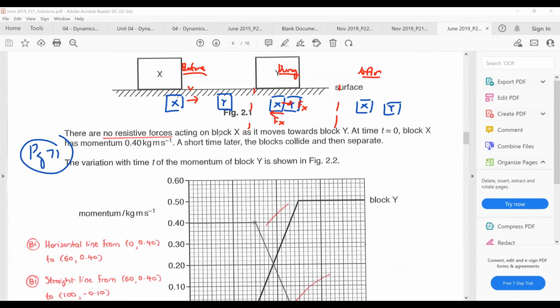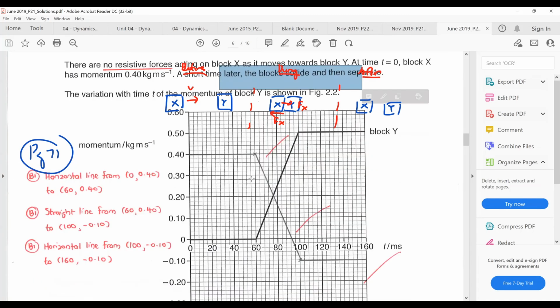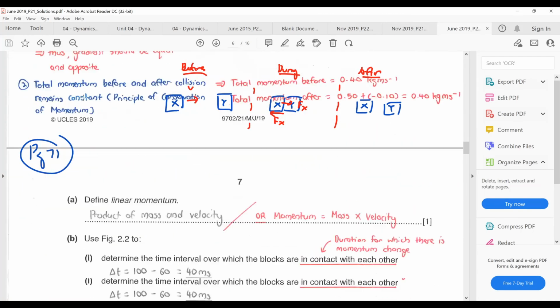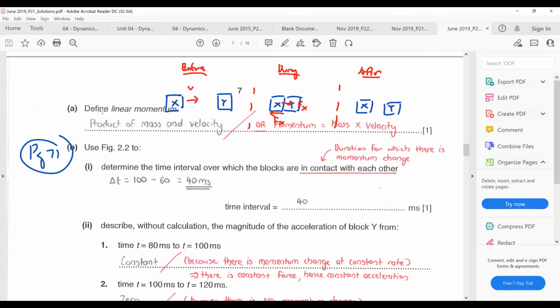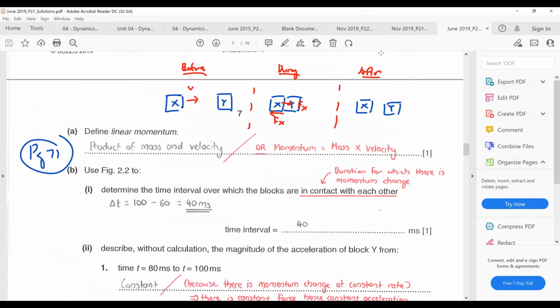Yeah, they tell you a short time later the blocks collide and then separate. So let's assume that one of it moves like this and then another moves like this. Okay, so determine the time interval over which the blocks are in contact with each other. It will be referring more towards this part here. Okay, when they were in contact.